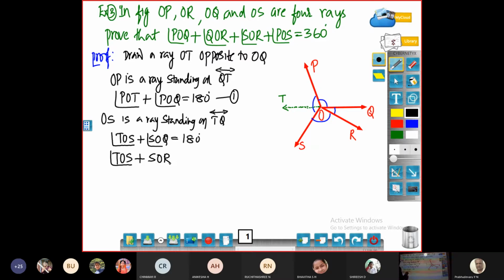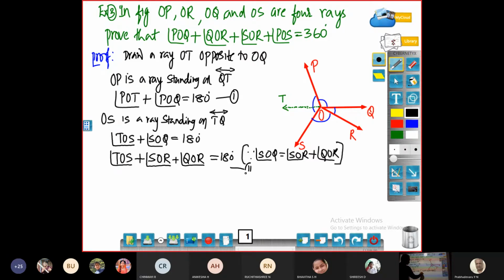So angle TOS plus angle SOR plus angle QOR, or ROQ, is equal to 180 degrees. Because angle SOQ is equal to angle SOR plus angle QOR, we have substituted this in place of SOQ. Now you can call this equation number 2.